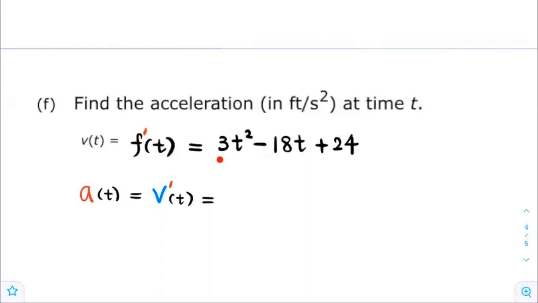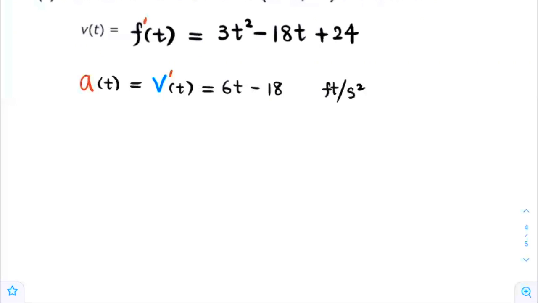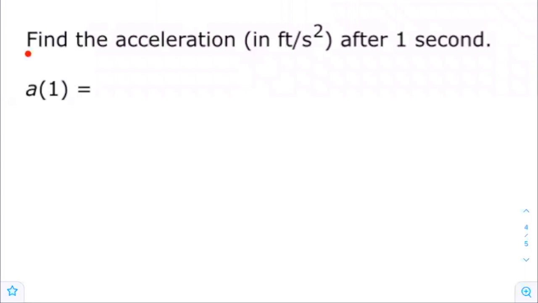So we're going to differentiate this function with respect to time t to get the acceleration, which is equal to 60t minus 18 feet per square second. Now, to find the acceleration after 1 second, we just need to substitute 1 into t in this acceleration function. Substituting 1 into t, we get the acceleration is equal to negative 12 feet per square second.